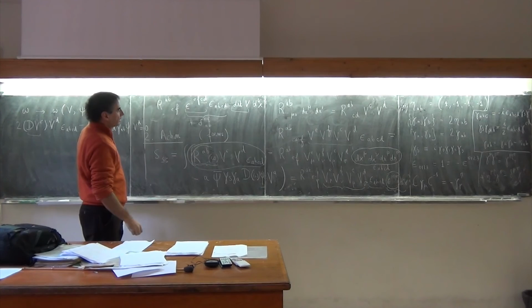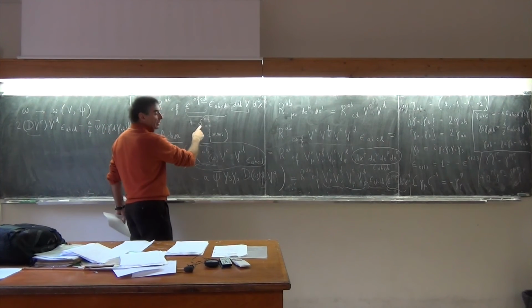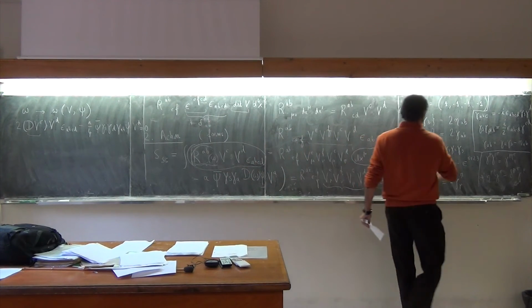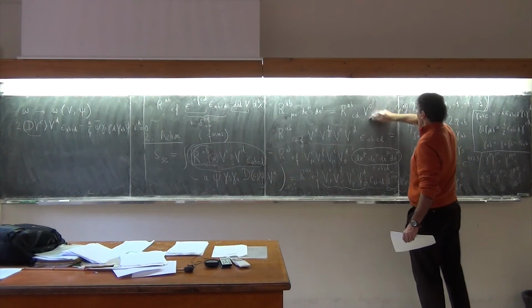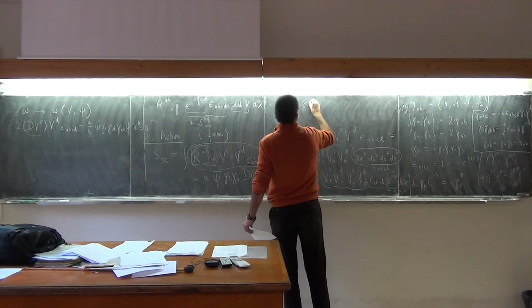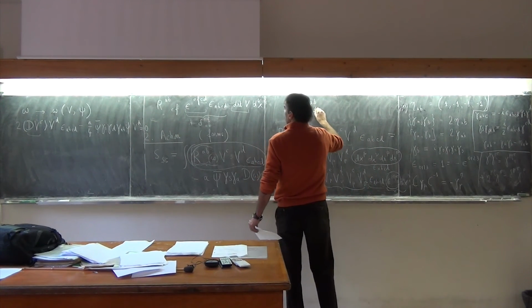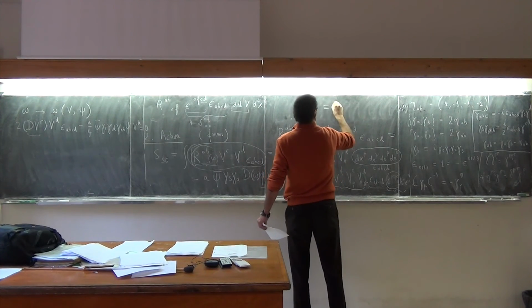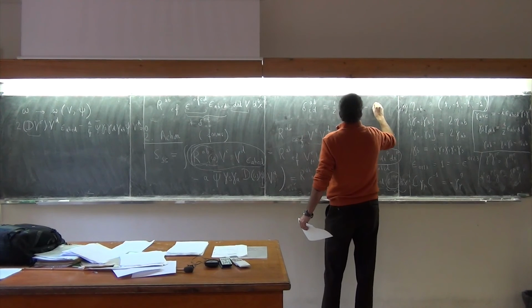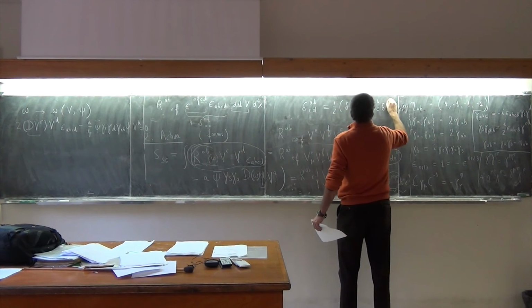This is the rule where the anti-symmetrized delta is defined in this way: 1/2 delta AC delta BD minus delta BC delta AD.